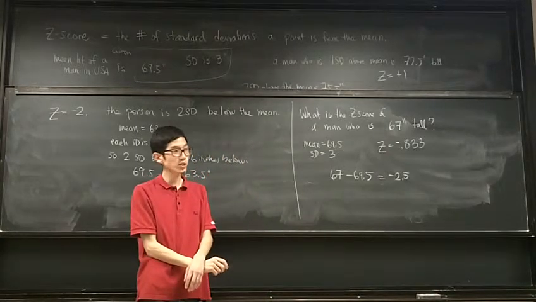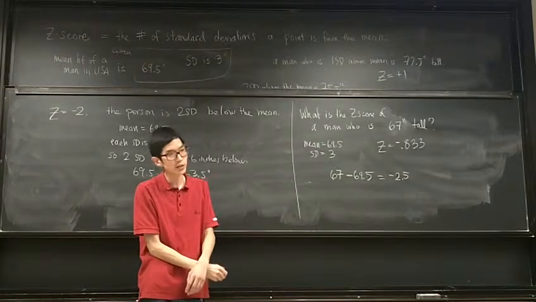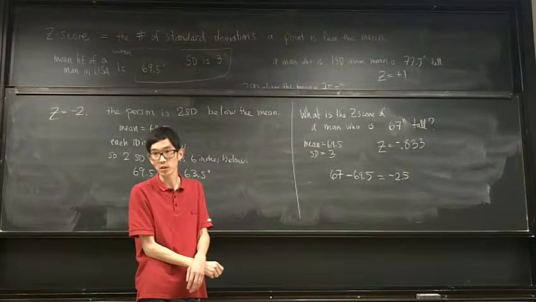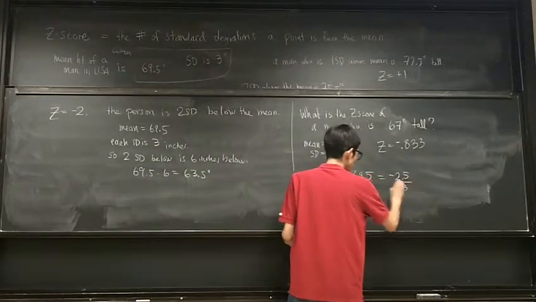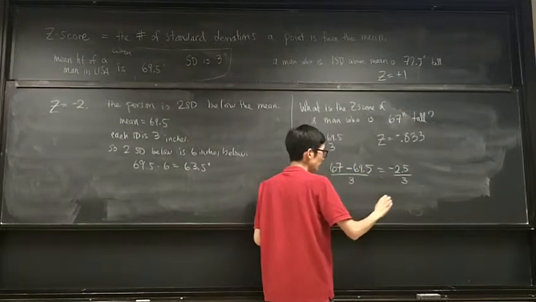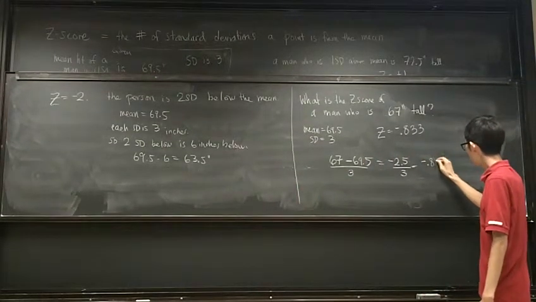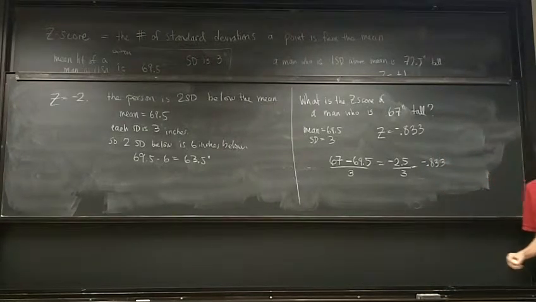How big is a standard deviation? 3 inches. So how many standard deviations is this person away from the mean? I'm going to take this and divide by 3. So when I divide this by 3, I say this guy is 0.833 standard deviations below the mean, right?